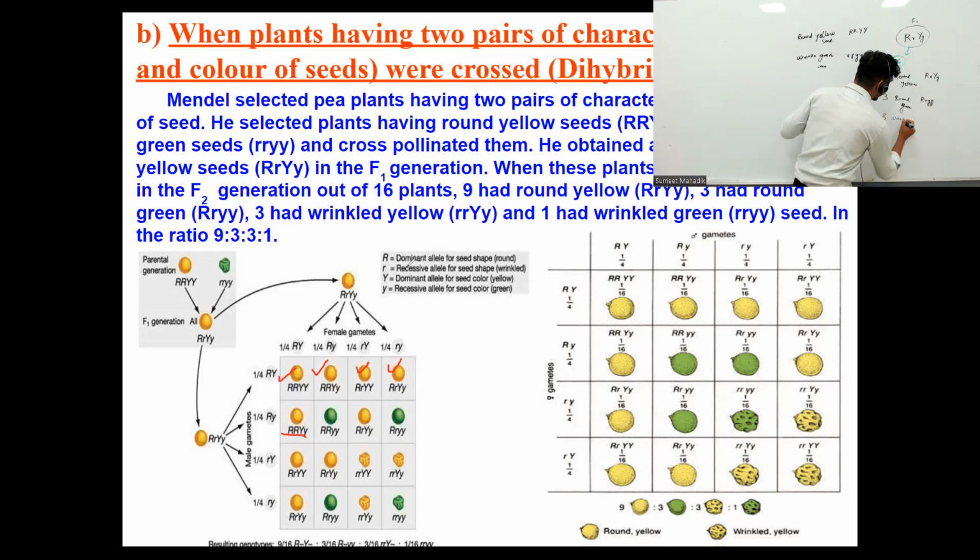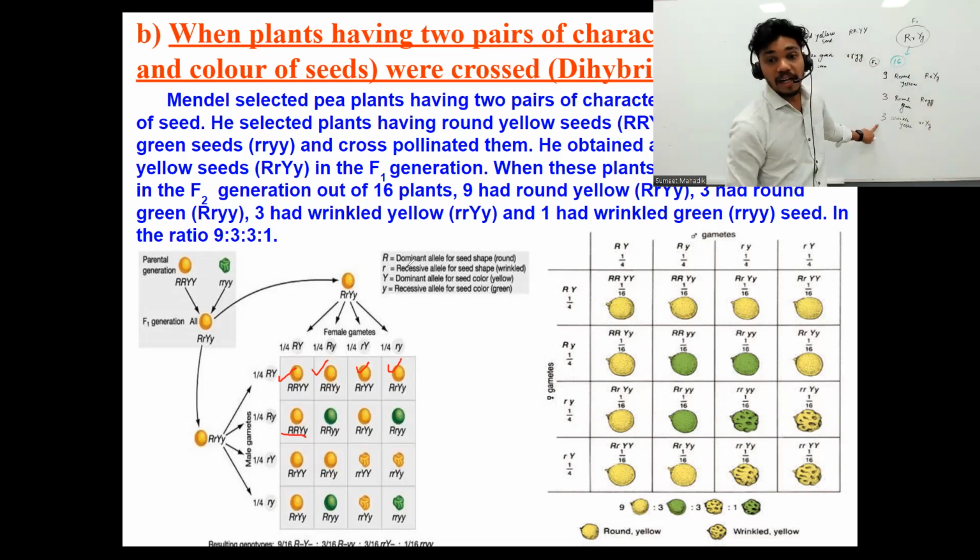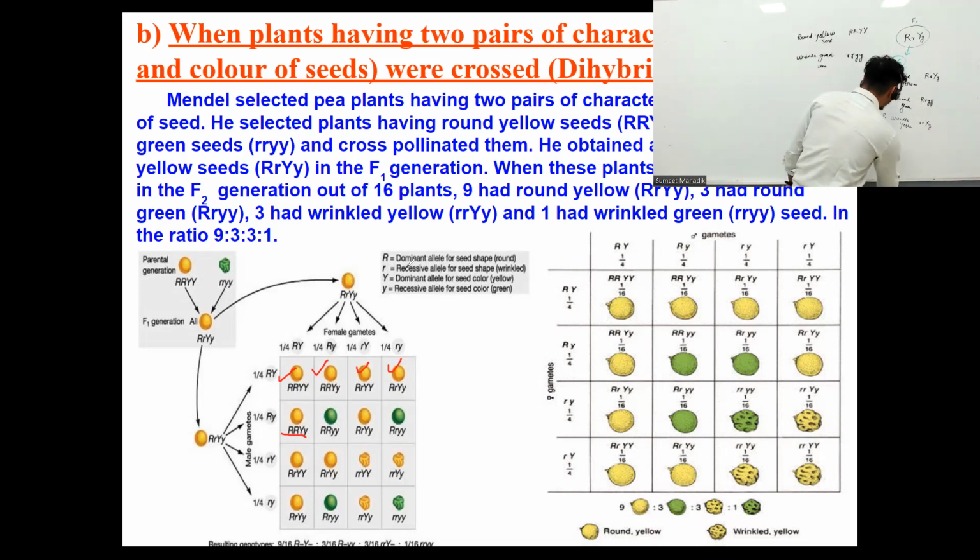Wrinkled yellow. How can I write wrinkled yellow? Small r, yellow. Y is dominant here. And 1 is wrinkled green. 1 only I got. What? Wrinkled green. So what is wrinkled green? Small r, small y. Yes or no?